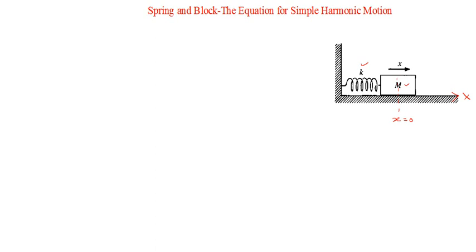Now we will try to explain the motion of the block-spring system if the mass is disturbed from x equal to 0. Suppose the block is pulled to the right by applying a force Fa.